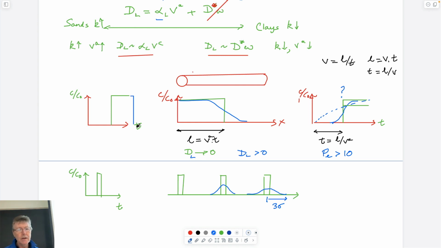So I'm not sure how you, I guess you can't really show that in terms of concentration, but I guess if you drew this in terms of a volumetric flow, injection flow, if this was Q versus time, then I suppose it would look like this, and this, and then this, sucking it back out.